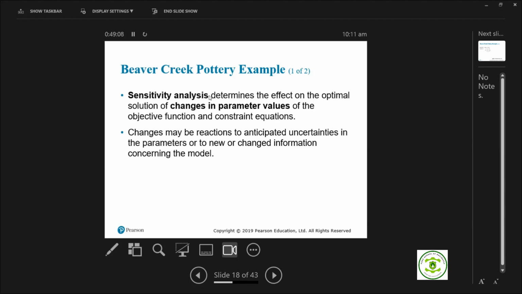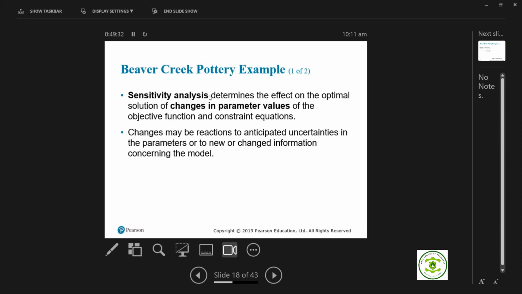But that really is not the case in practice. So we need to determine how our optimal solution will be impacted when there are changes in the value of the parameters in the model.